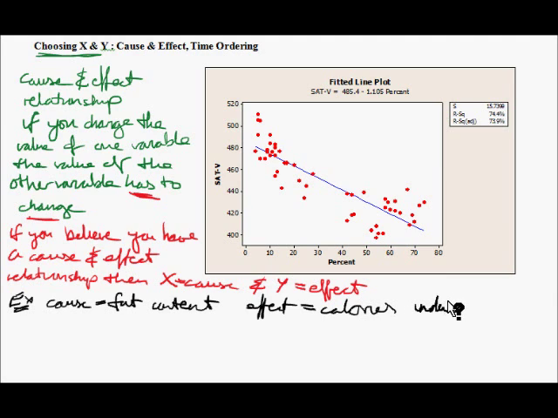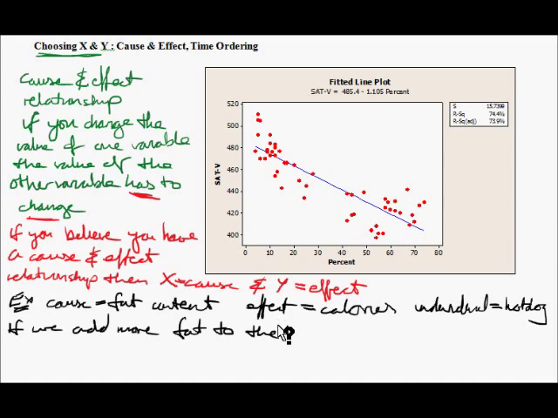So the individual is a hot dog. Because if we add more fat to the hot dog, we pump some fat in there, sounds yummy, then its calories have to increase.